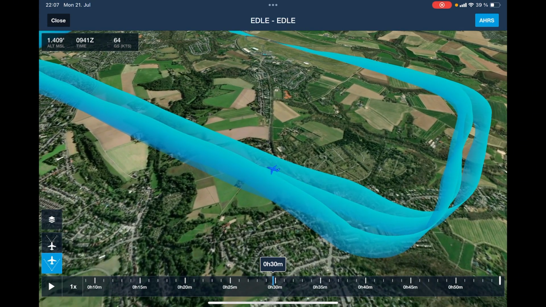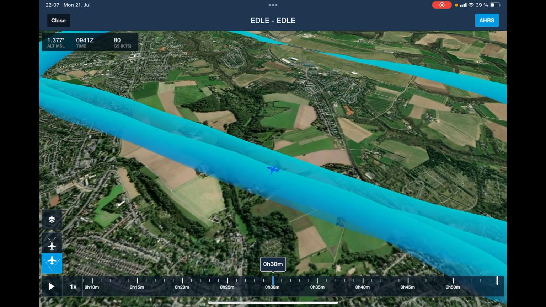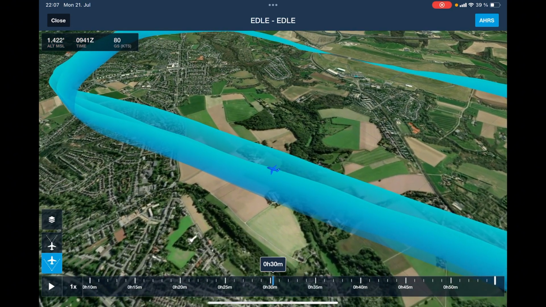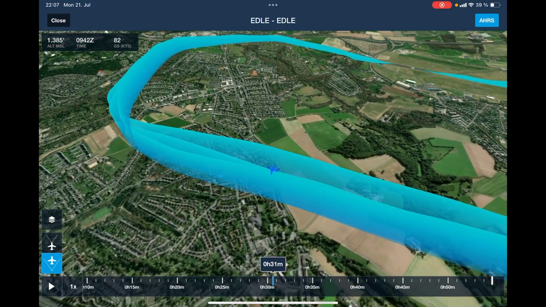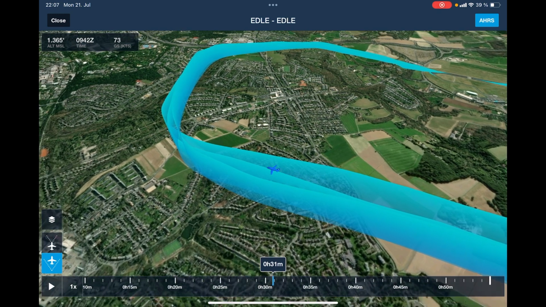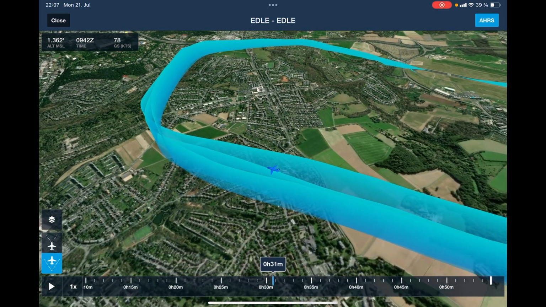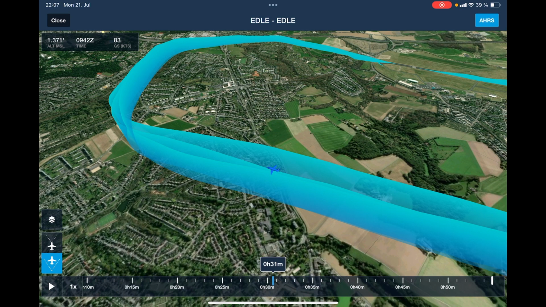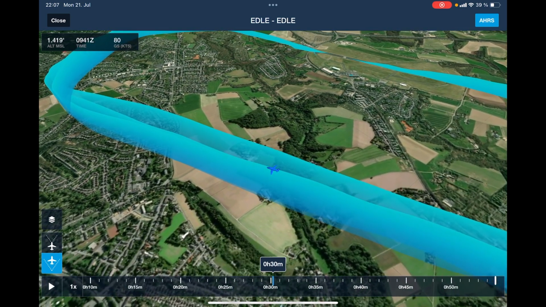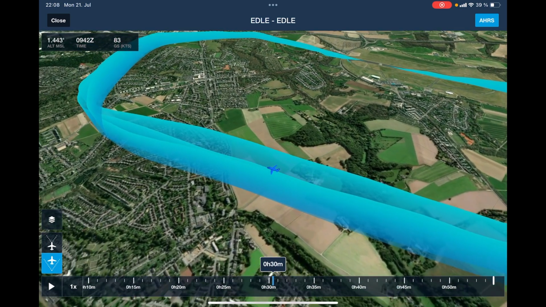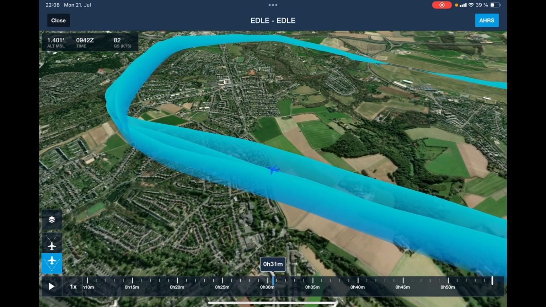But at this point, I am already doing the traffic pattern altitude quite nicely. I'm around 80 knots. And again, as I'm abeam, at this point, I deploy the first notch of flaps.